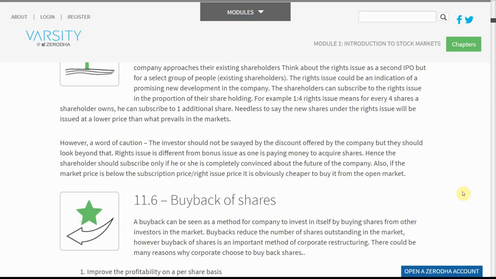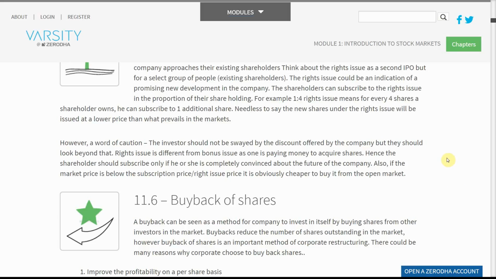Hence, the shareholder should subscribe only if he or she is completely convinced about the future of the company. Also, if the market price is below the subscription price, rights issue price, it is obviously cheaper to buy it from the open market.